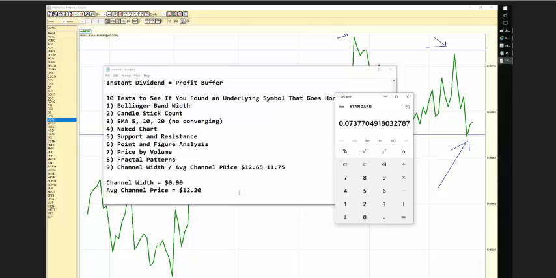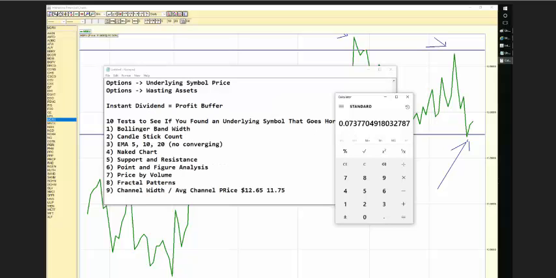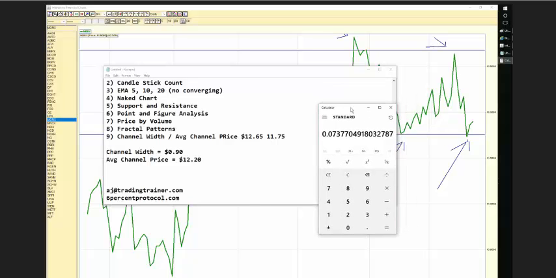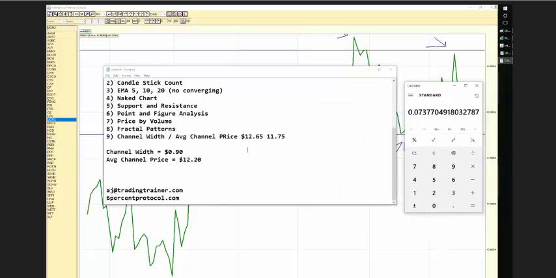I prefer 10 to 20%. That means that the width of the channel is about 10 to 20% of the average price of it. Somewhere between 10 and 5, I get the heebie-jeebies. Below 5, I won't touch it. So that's the channel width. Channel width over average channel price tells me whether or not I'm getting into some danger zone.